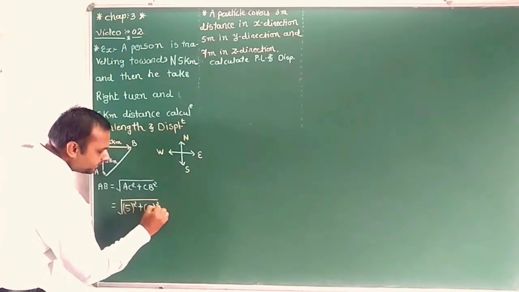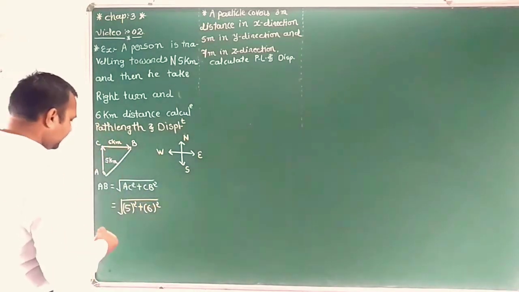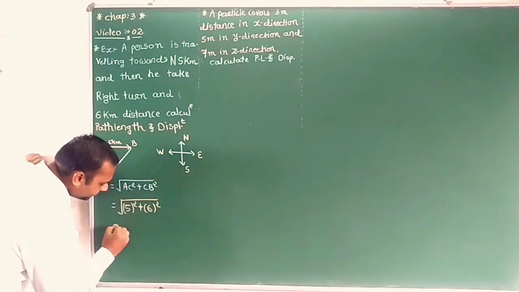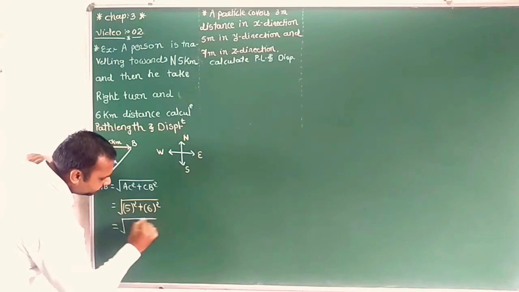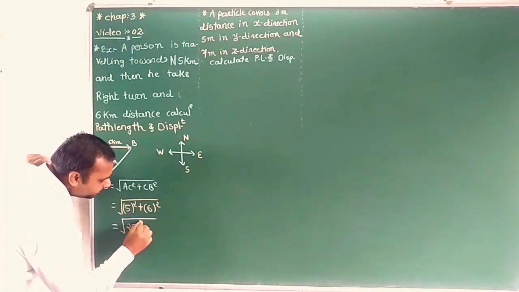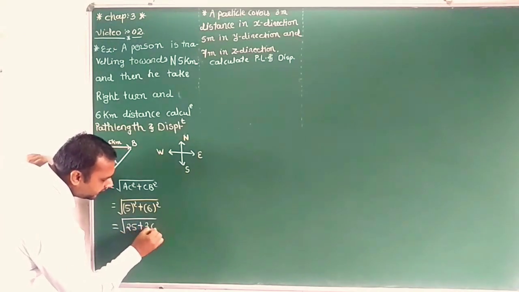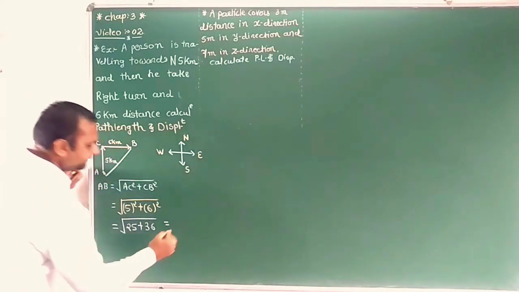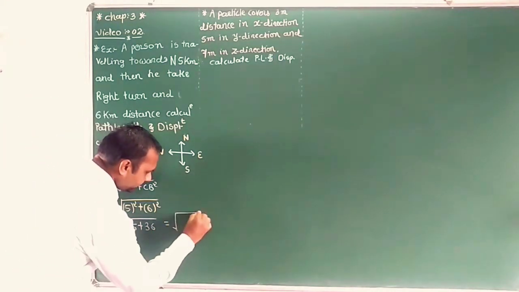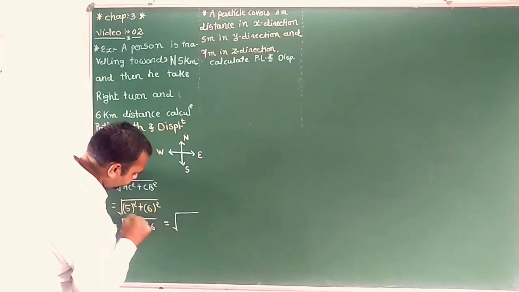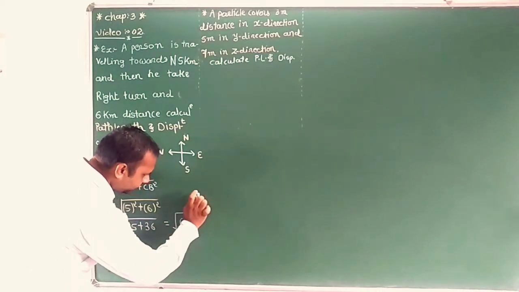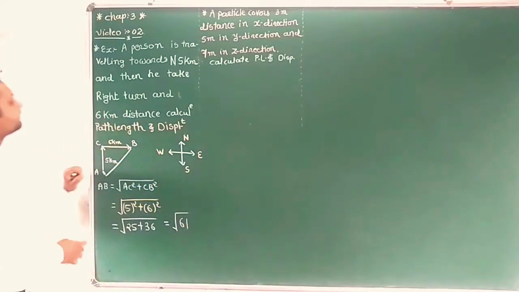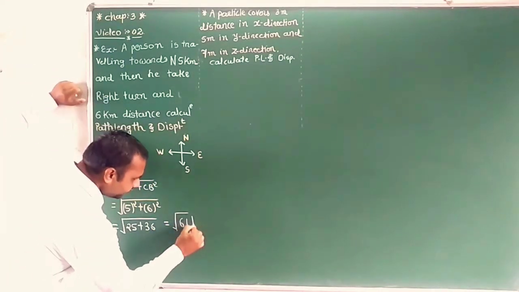That is 25 plus 36, which is under root 61, and the unit is kilometer.